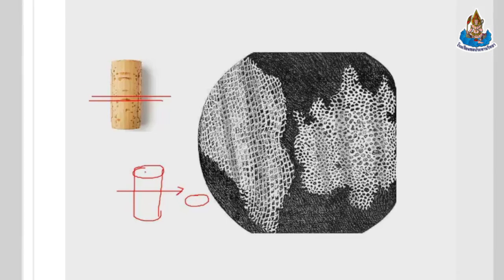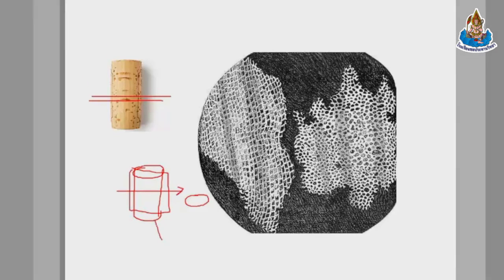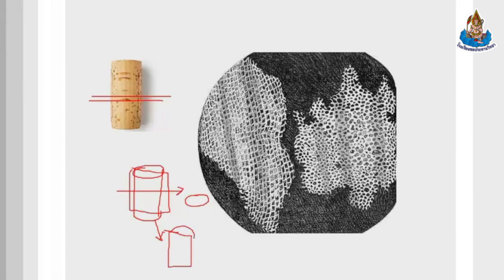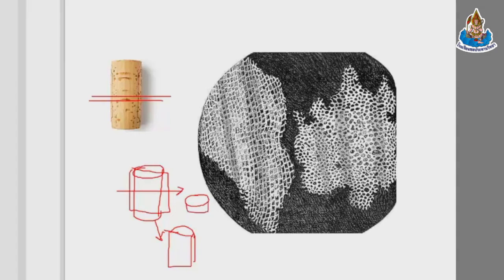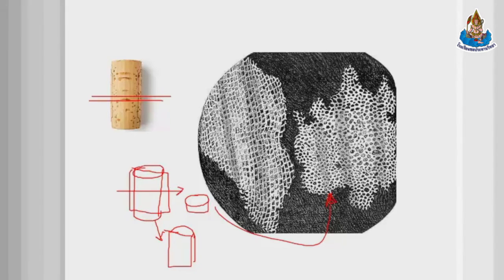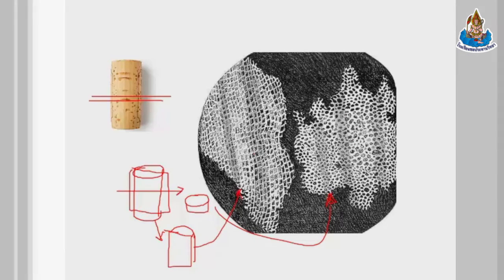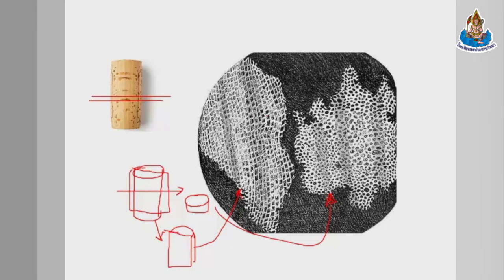From the circle one, he found tiny room-like structures in a circular pattern like this. And for the rectangle one, like this. He found that it had many room-like structures. So he named it cell.